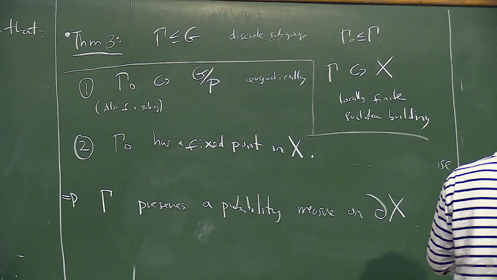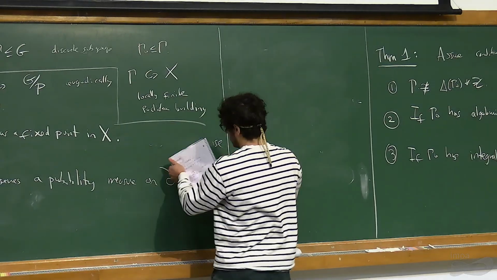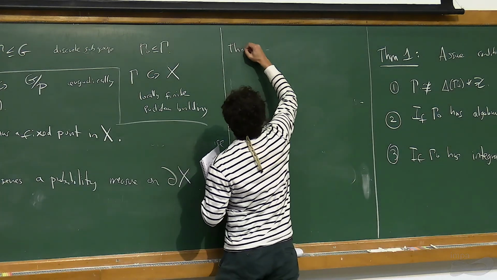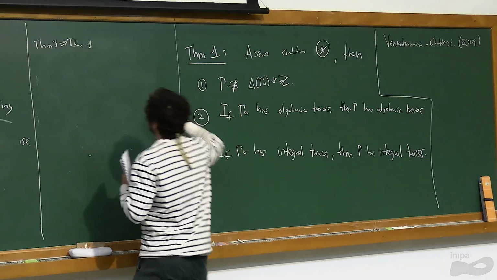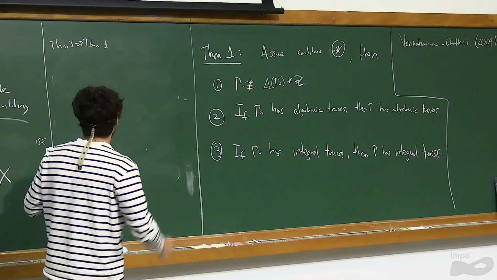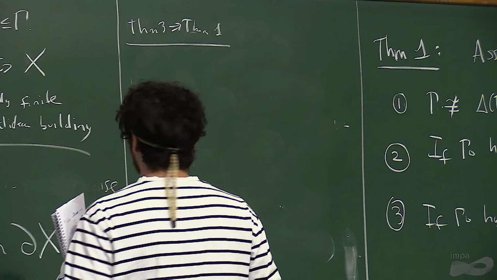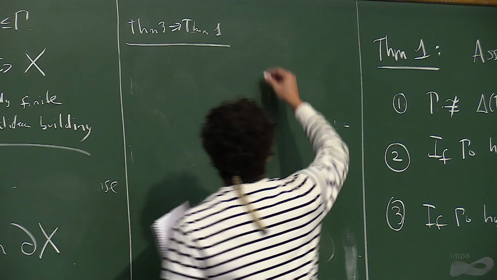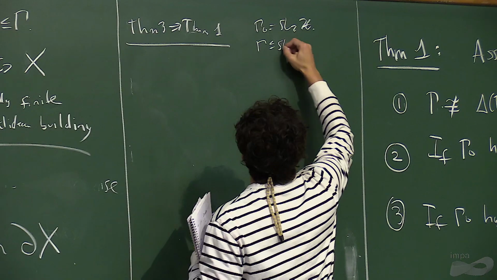So let's do theorem 3 implies theorem 1. Let's prove just this case. To simplify things, let's assume we're in the setting of SL2R times SL2R as in the beginning. So let's suppose gamma 0 was SL2Z, and gamma is containing SL2R times SL2R.